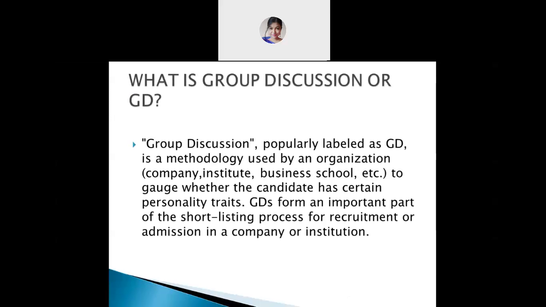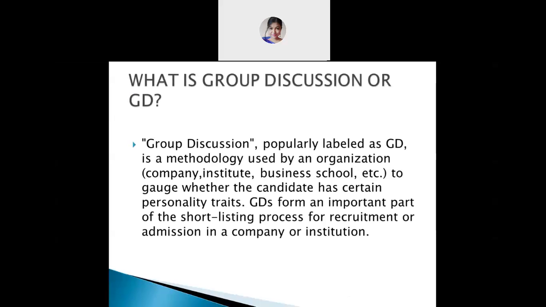GD is the short form of group discussion. This is basically a methodology used by organizations to evaluate certain skills of the candidates.